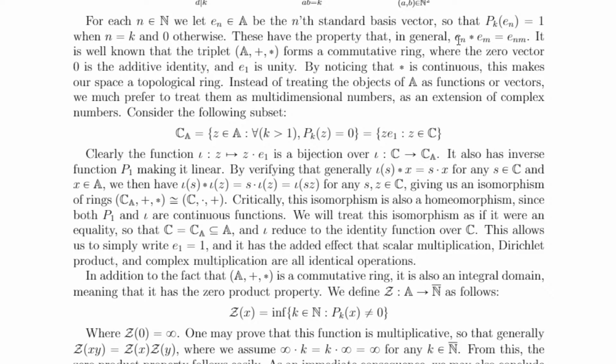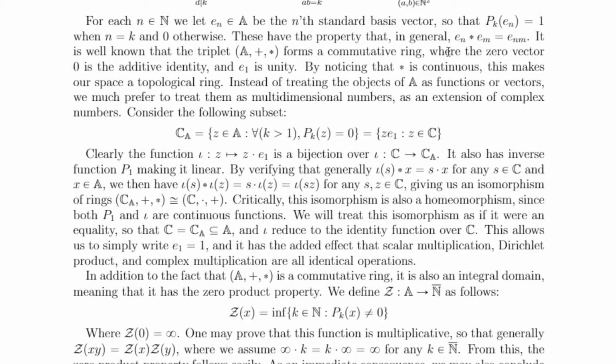Of course we can see it really clearly. If we apply z to this e sub n, we know it's 0, 0, 0, 0, 0 until we get to the nth index, and then it's 1. And likewise for this m. And when we multiply them together, we get this e sub n m, where we multiply their index, the dimension together. And that gives us as many zeros as that. So this is sort of the foreshadowing of that.